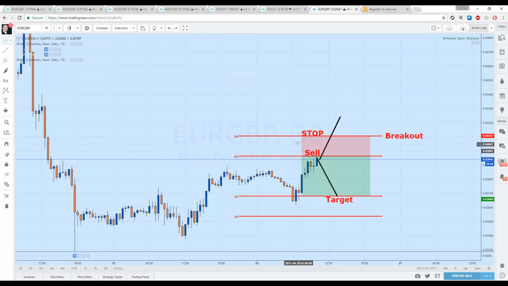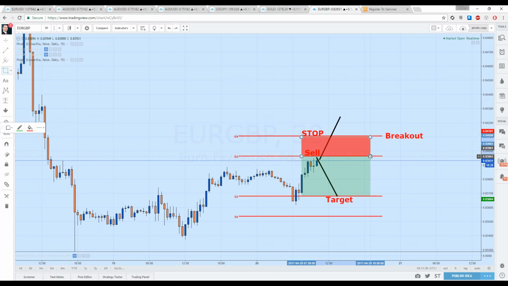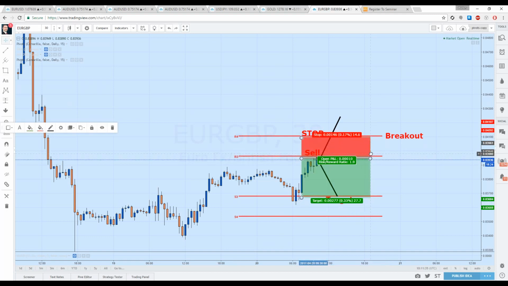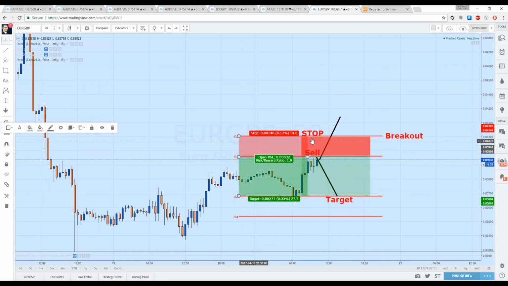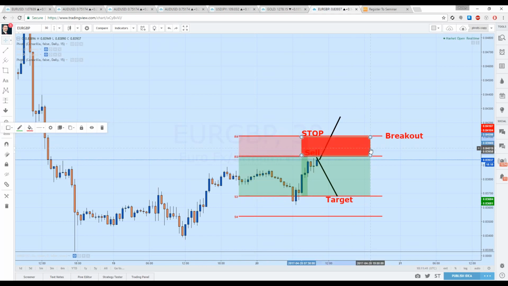Traders should note that the pivots are equidistant or equal in nature. متداولين لازم يعرفوا ان المسافات دي متساوية في طبيعتها. Notice how I can set 2 times my risk inside of the green profit area. أنا عندي قدامي في الوقت الحالي أنا أقدر أحدد الهدف بتاعي إنه يكون ضعف المسافة بتاعة الإيقاف بناء على المستويات اللي قدامنا.